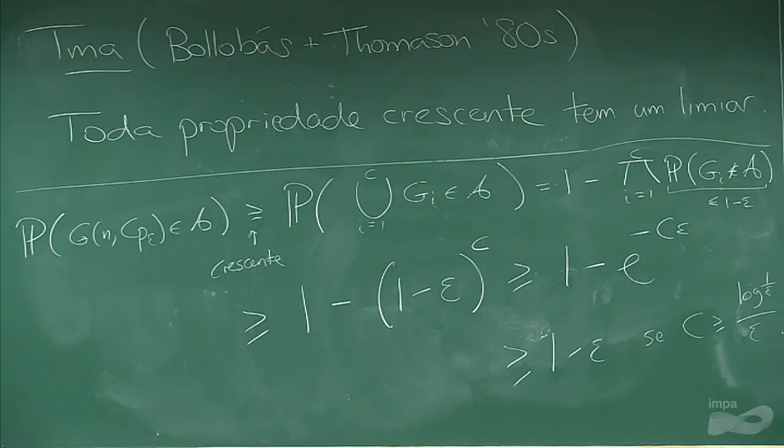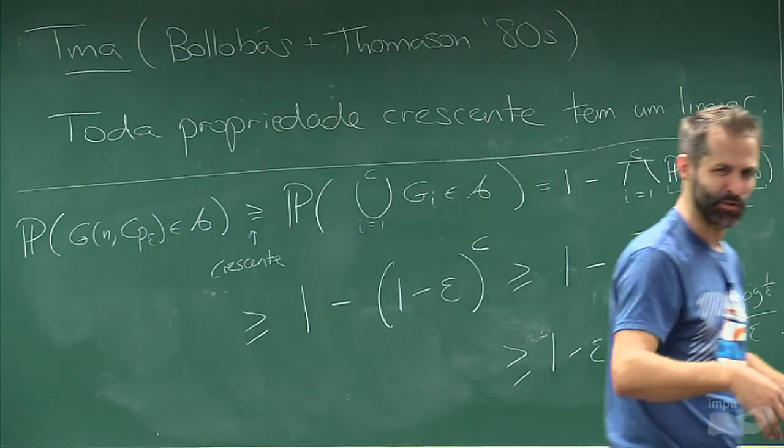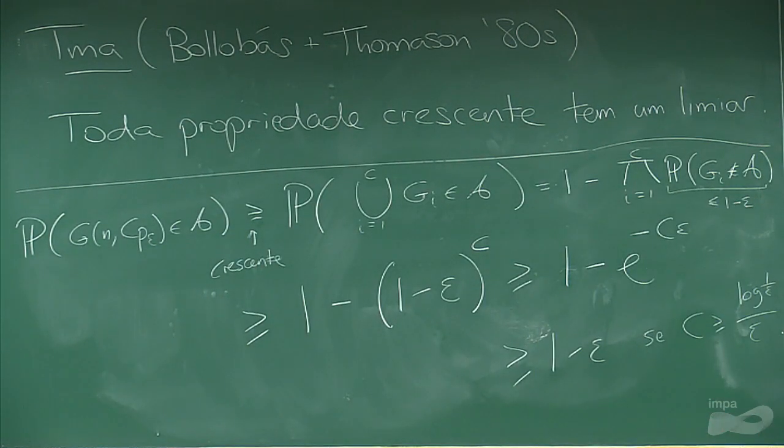So yes, you should think of this as being a bit like a 0-1 law. For those of you who know 0-1 laws from probability or from, I guess, ergodic theory or whatever, there'll be lots of places that they appear. It's sort of saying that the probability has to be very close to 0 or very close to 1, except in a very narrow range, as long as your property is sufficiently global.